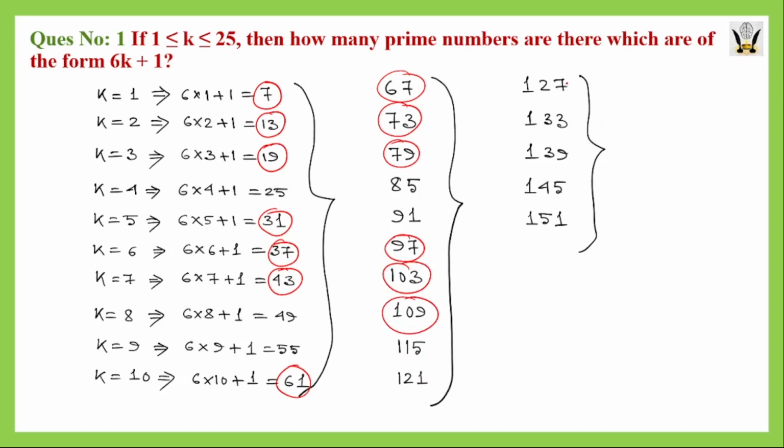And from the last 5, we can say 127, then 139, and also the last number 151, these three are prime, and 133 and 145 are composite numbers.